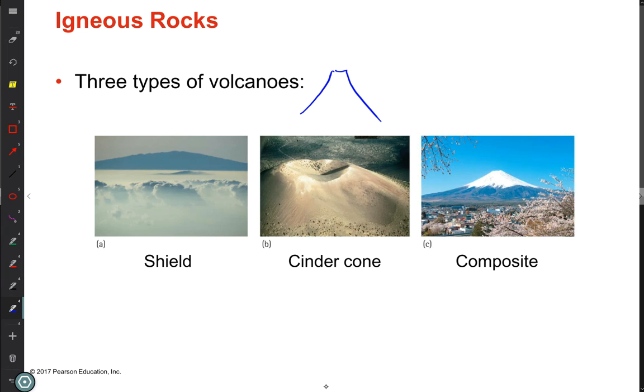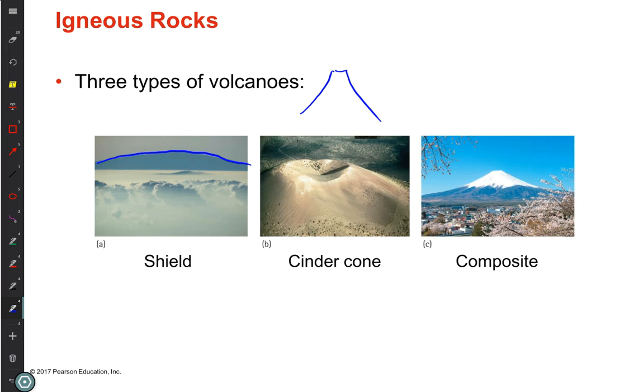Or you have shield volcanoes, and you can see here the shape of the shield volcano is somewhat like the shape of a shield. That's where it gets its name. Shield volcanoes are formed when you have a magma that is kind of runny, it can flow, and so it just flows out over the surface rather than erupting in a big energetic eruption.